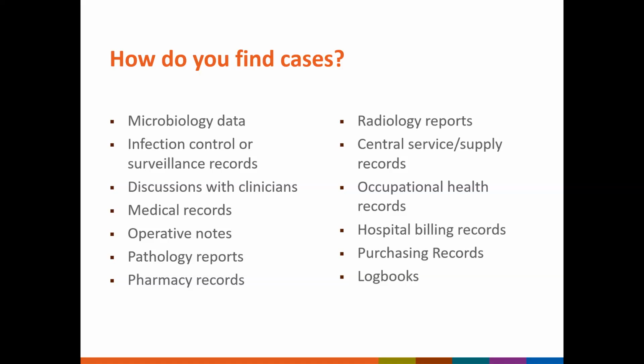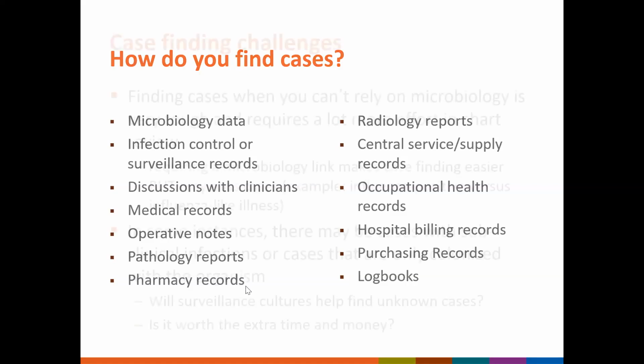Based on which outbreak you are dealing with, these will all be helpful. Also the logbooks from the nurses and purchasing records are sources that help you find more cases in your outbreak investigation.